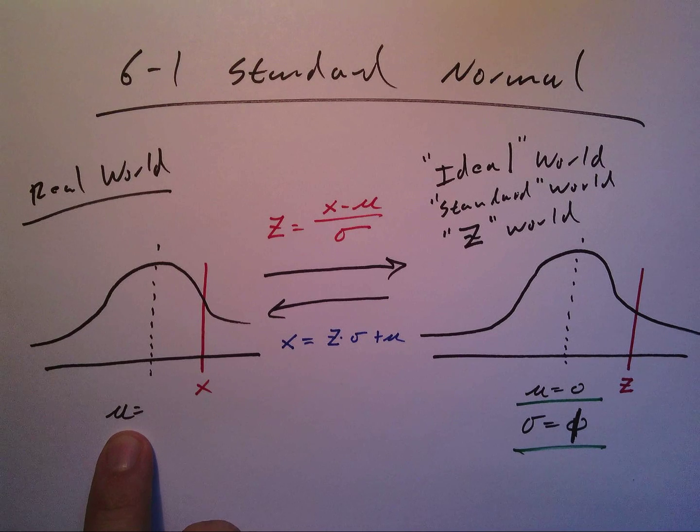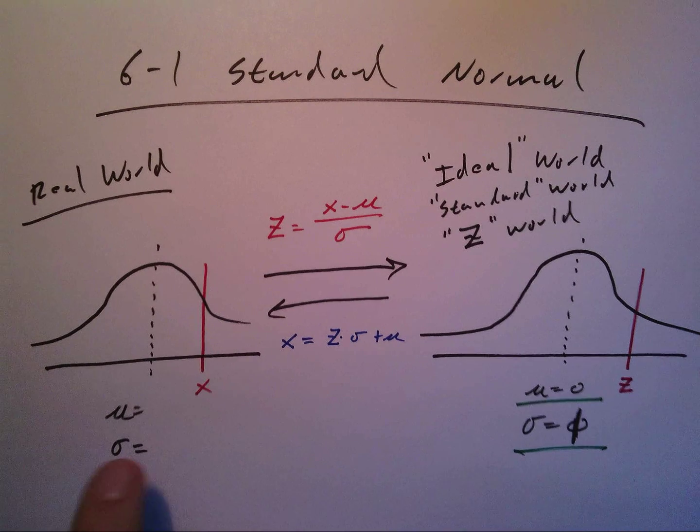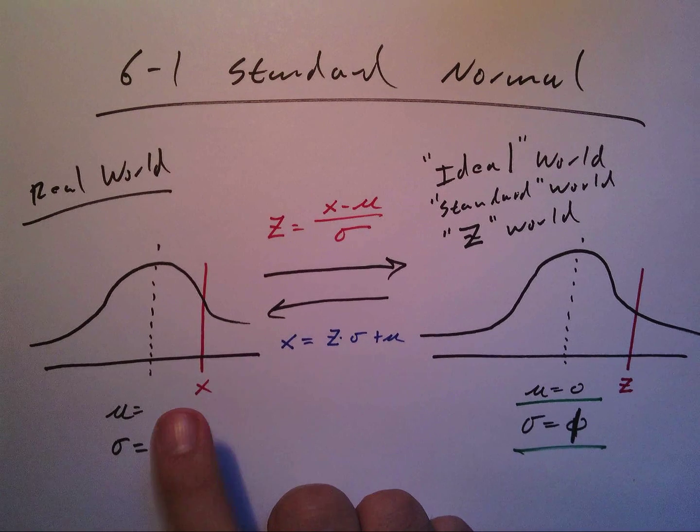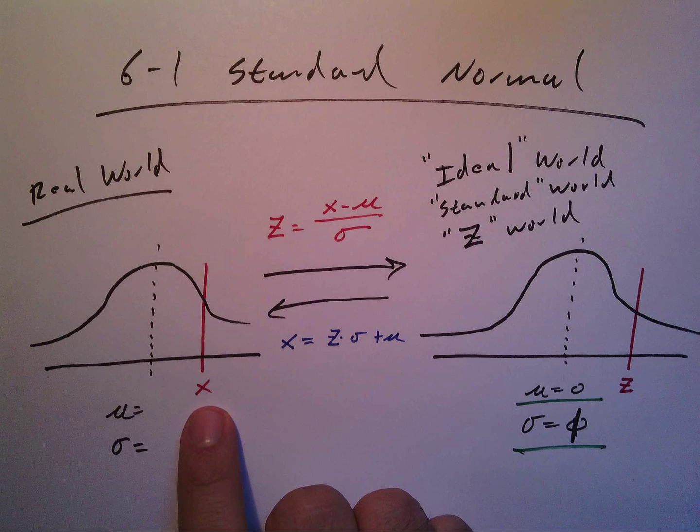Your average could be, let's say, the average height of a female in America, which is 5'4", then it would be 5 feet 4 inches there. Your standard deviation, which I'm not sure what it is, but let's say it was 2 inches, your sigma would be 2. And your x value would be some target value from the real world.